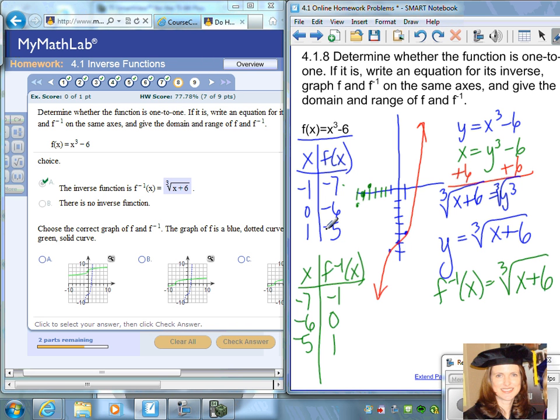If you wanted to do another point, like for the original function, when x is 2, you get 2 over, 2 up, and then you can do another one here. So you're going to get this graph. You may need to plot a few more points to see the curve in the graph.